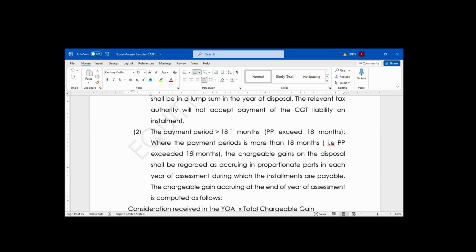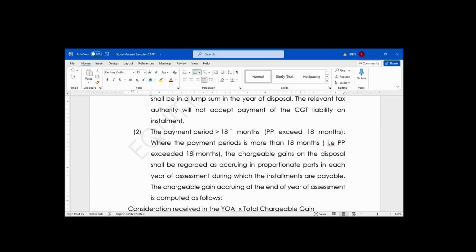So when we talk about capital gain tax and hire purchase transaction, we look at it in two angles. First, when you acquire an asset on hire purchase, you later dispose the asset. Second, when you dispose the asset on hire purchase, you didn't acquire the asset on hire purchase, but you dispose the asset on hire purchase and you make a gain. How do we compute the capital gain tax?